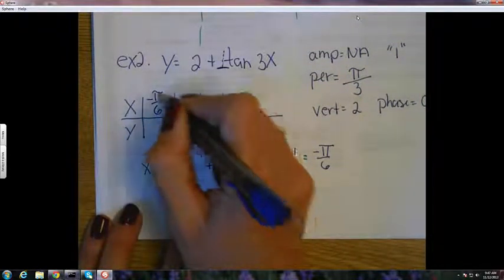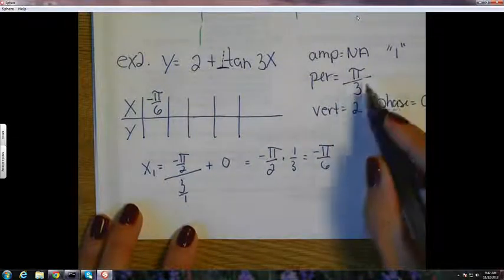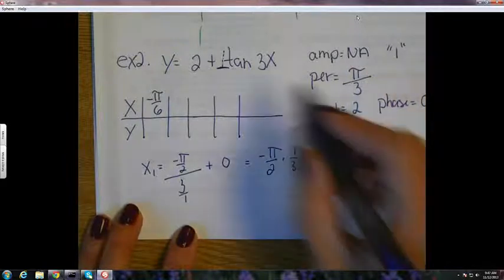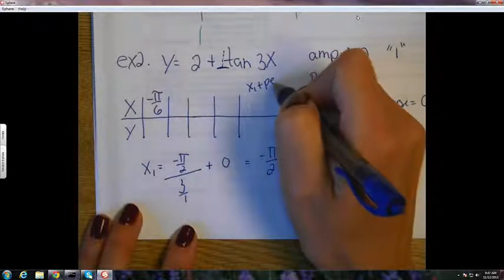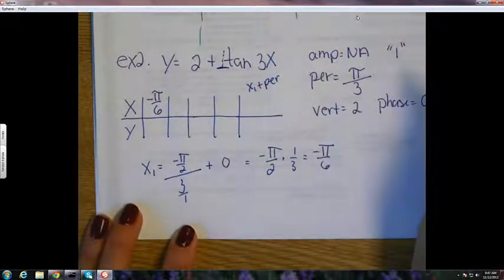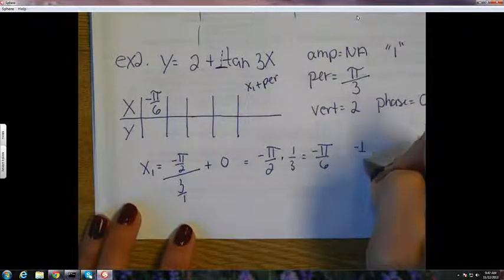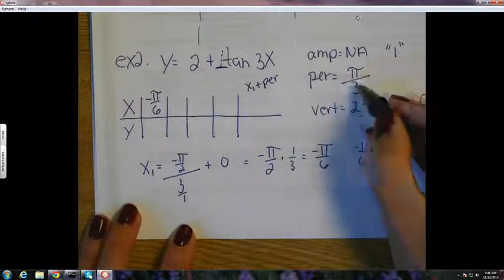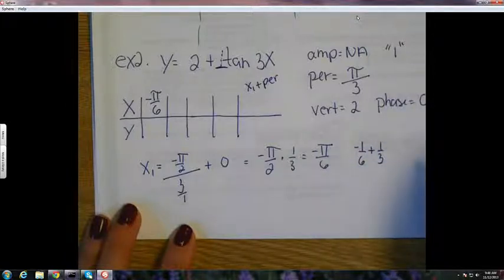How do I tell where it's going to end? Add on a period length to see where you land on the number line. So this is going to be your x1 plus the period. So x1 was a negative 1/6. Period is 1/3. So that'll be 2/6.